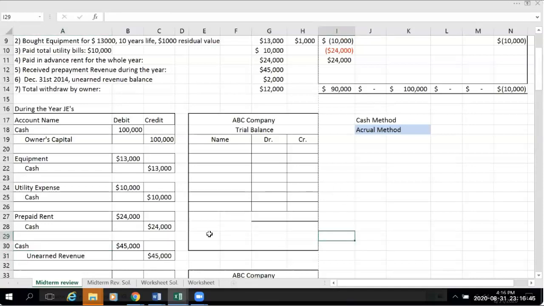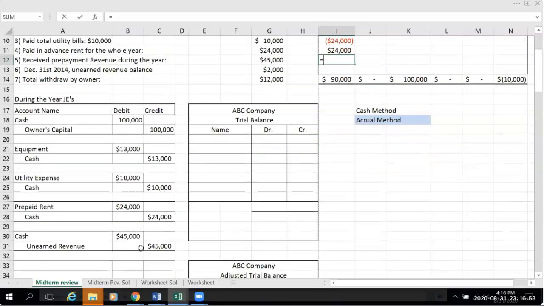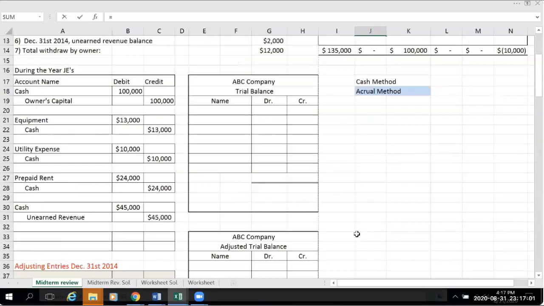So what's going to happen in the accounting equation? Here you received $45,000 cash, and in the liability, $45,000 unearned revenue. You can also call it deferred revenue.